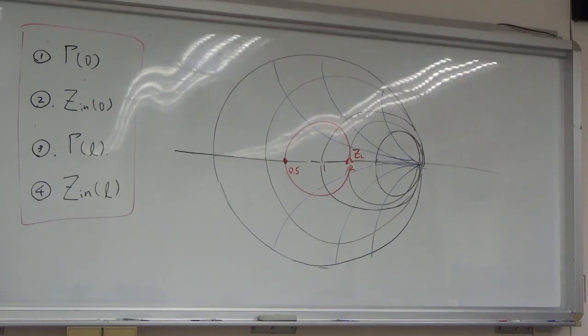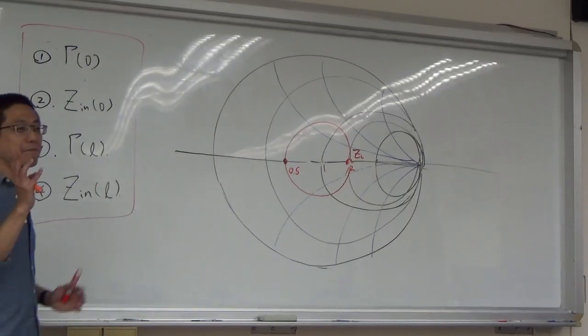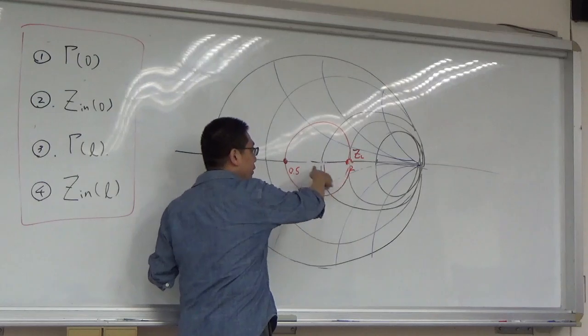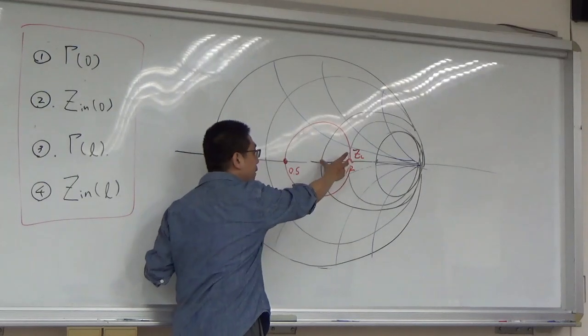You can see these two equations are complicated, right? But with this Smith chart, you can directly get these numbers. Understand? Okay. Then you can see something from this Smith chart. The radius never changes. The phase is changed.